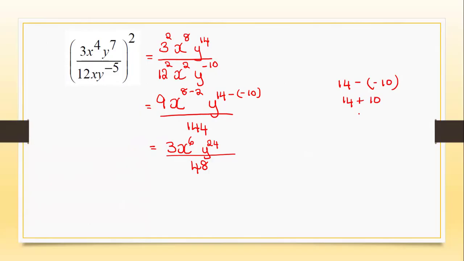And 14 plus 10 is 24. Check that 144 divided by 3.